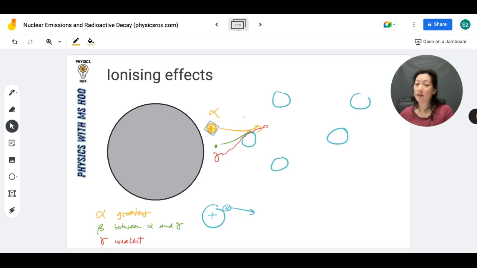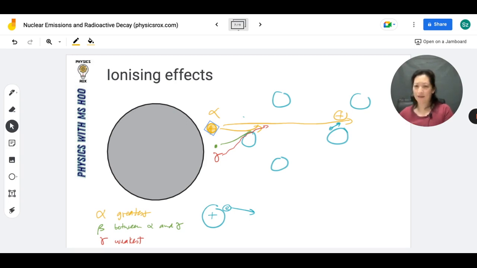Even if it doesn't come in contact with the electron, as it's passing through, let me draw it over here, because of the positive charge, it's easier compared to the others to pull the electron away from the shell. So it could either collide and knock out the electron, or it could pull out the electron from its shell. Either way, alpha is much stronger in the sense of creating ions.